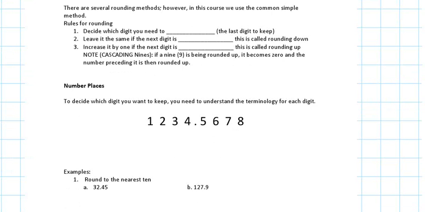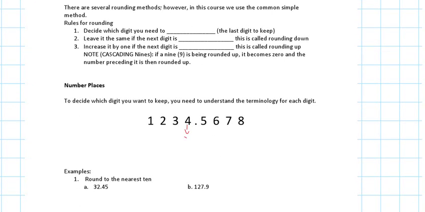The 4. This is your ones. Anything that's one digit is this one, which is the 4. So this is going to be your ones.